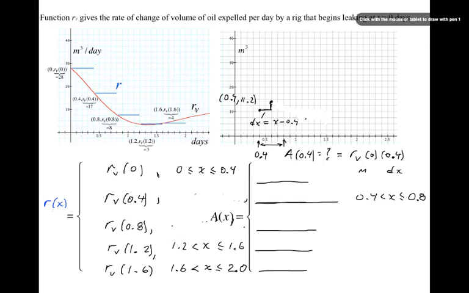So here's the moment. We're inside. So this is any value of x inside the moment, x, comma, a of x. So the change inside that moment is the change from the beginning of the moment, so x minus 0.4, that's dx. What's the corresponding change in volume?